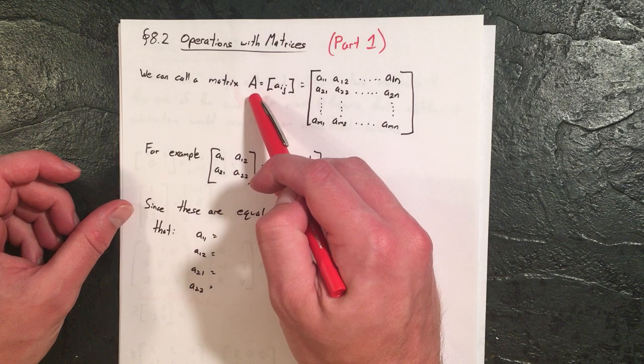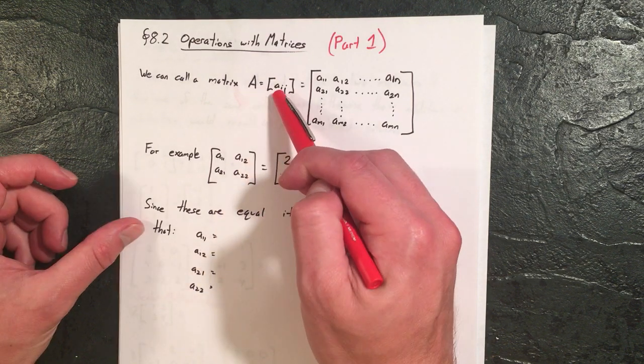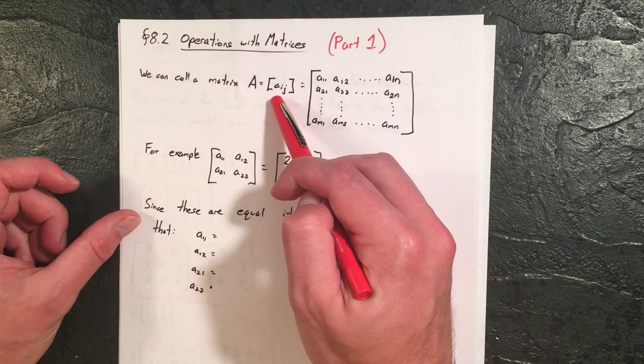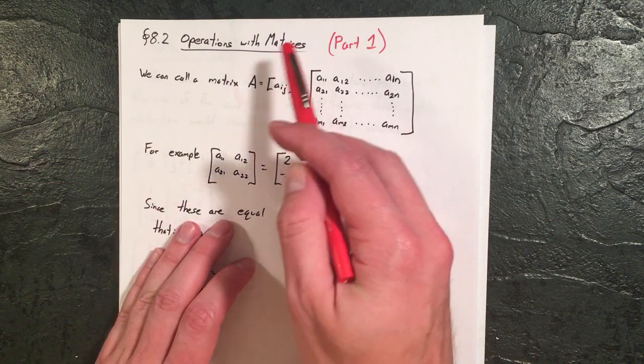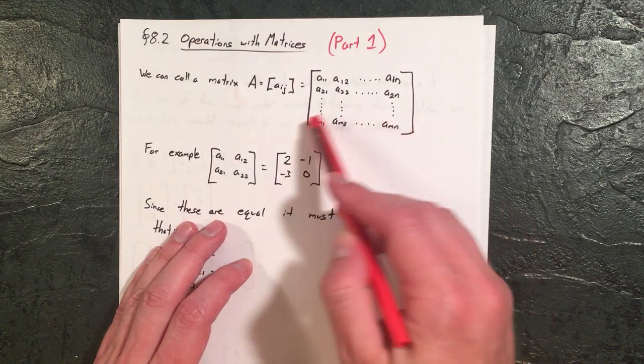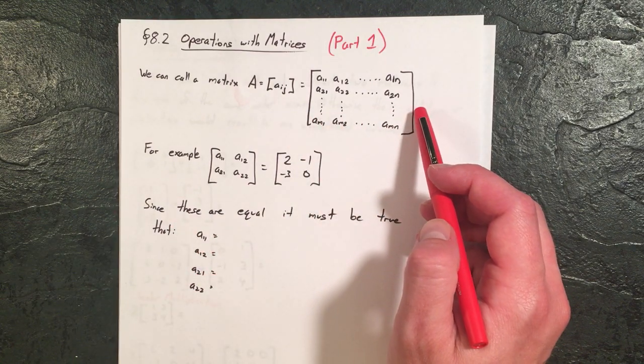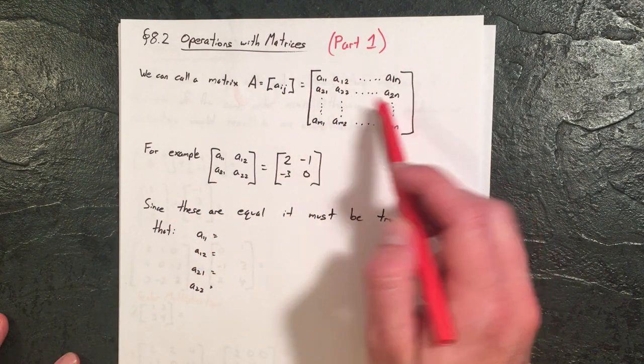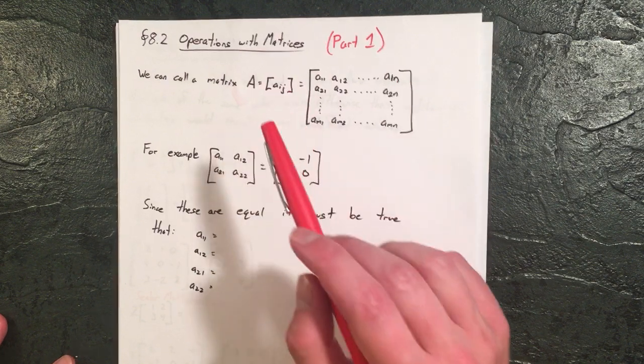We can call some matrix just matrix A, and you could denote its components A sub ij. And as we've seen before, we can label it so that it is an n by m matrix. That would be its bigger look, even though you can just denote what its components are.